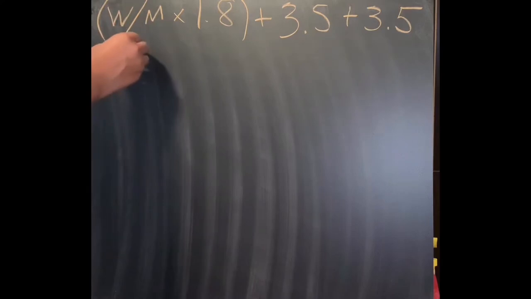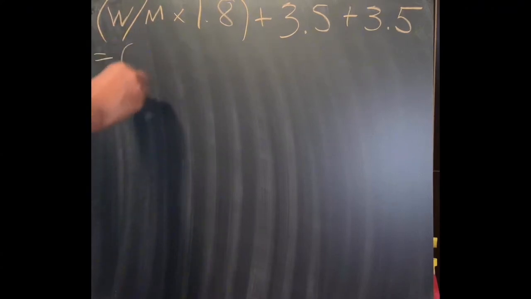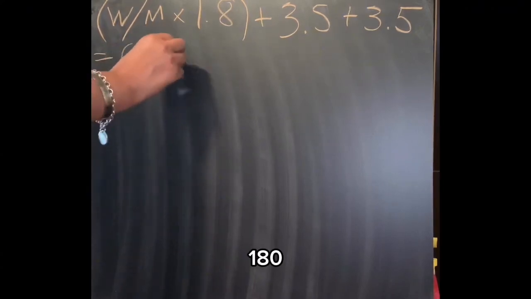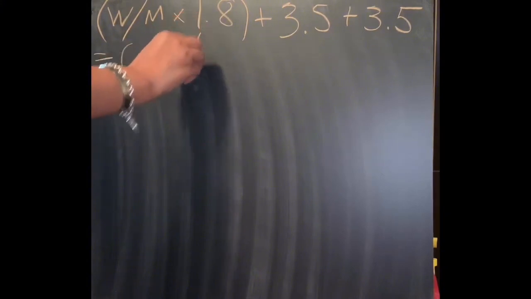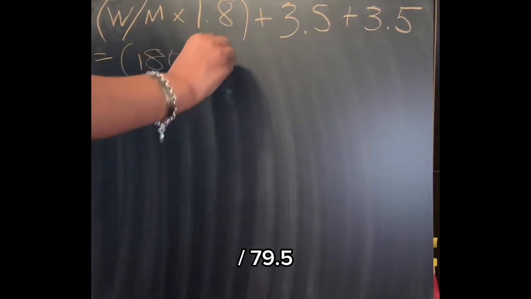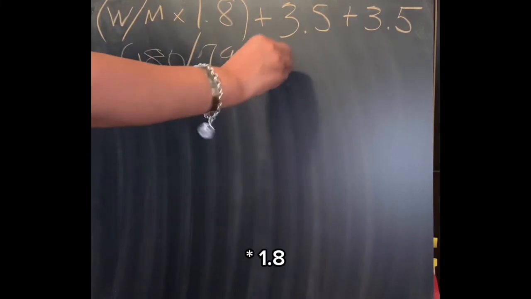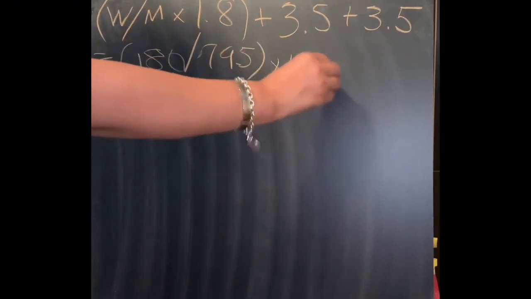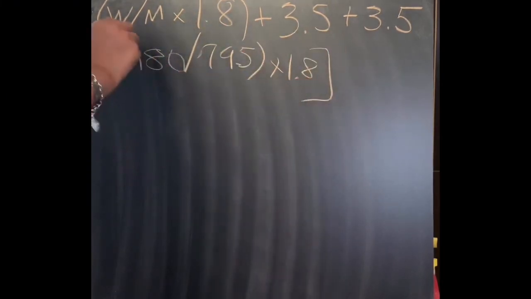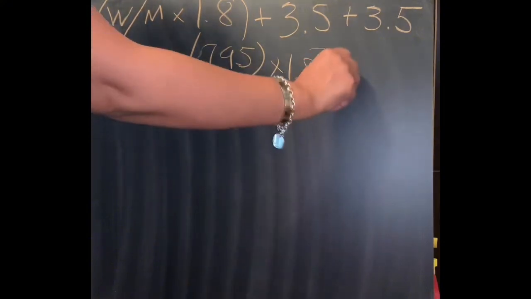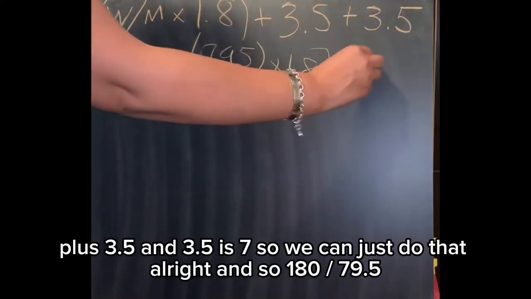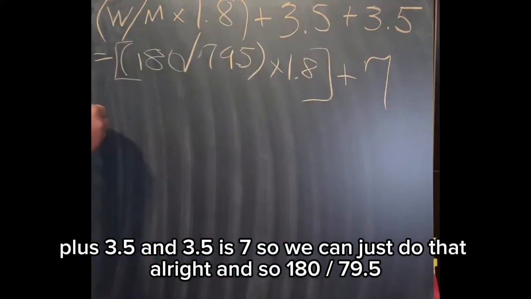The workload in kilogram meters, 180, divided by 79.5, times 1.8, plus 3.5 and 3.5 is 7, so we can just do that.